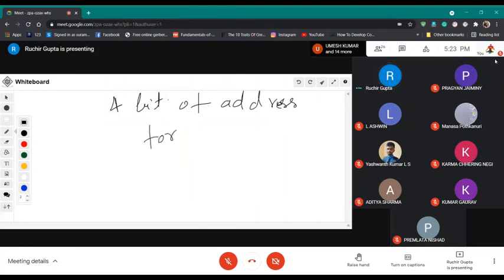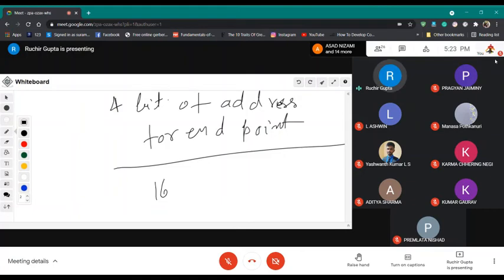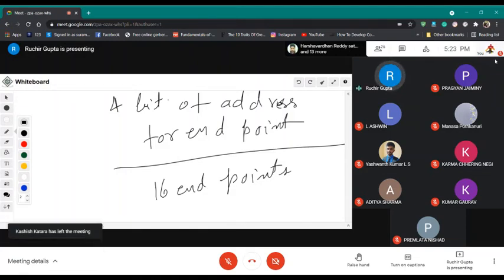So that means you can have as many as 16 endpoints, right? So this is about the feature of being plug and play. Now let's move on to the protocol.